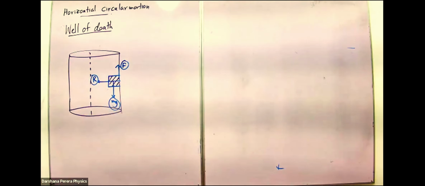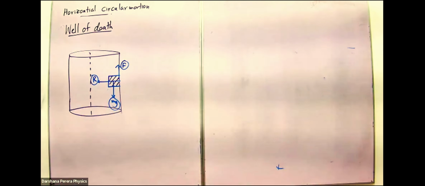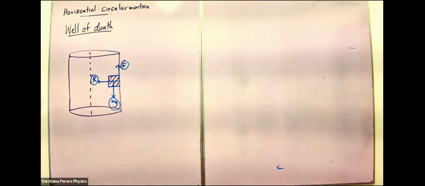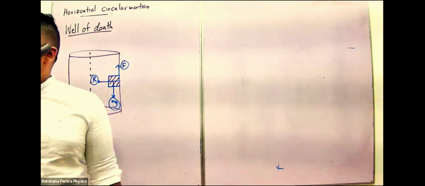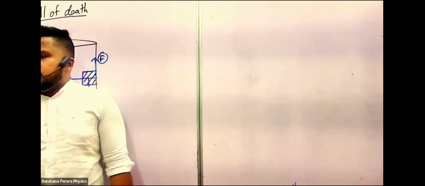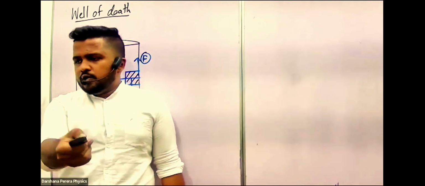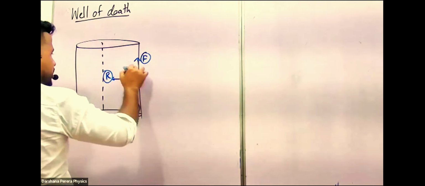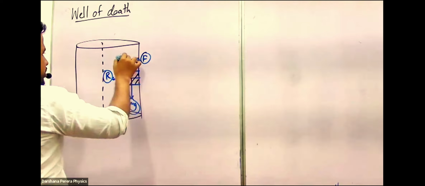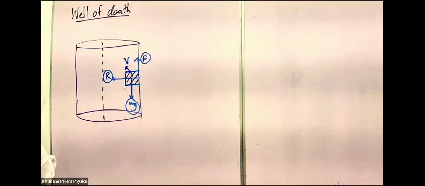Note down. You have to consider this case. The object is moving with velocity v along the circular path.